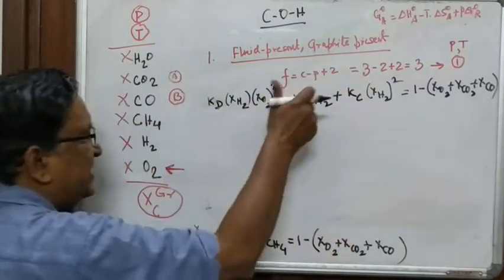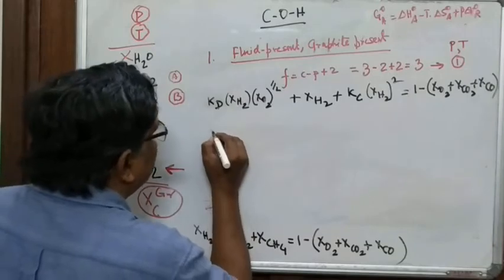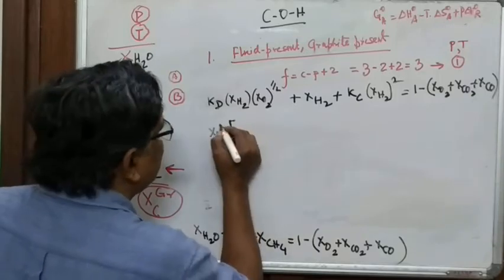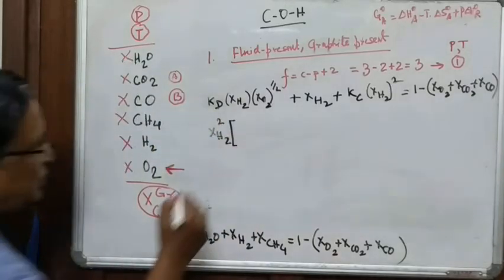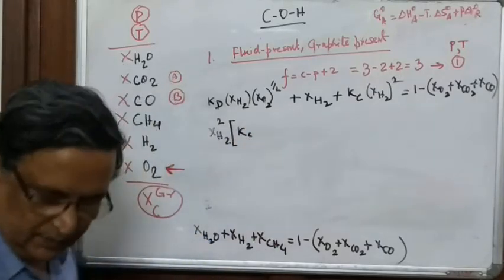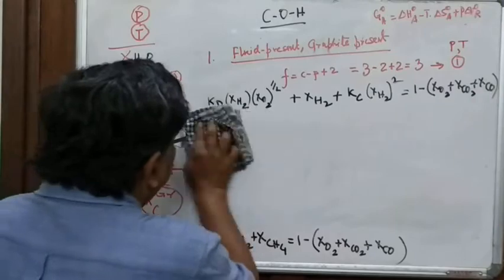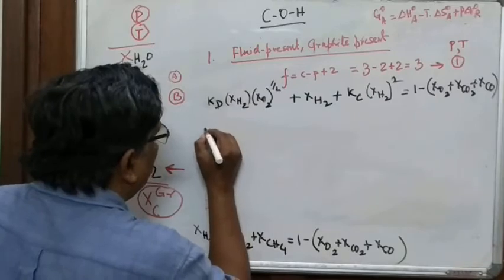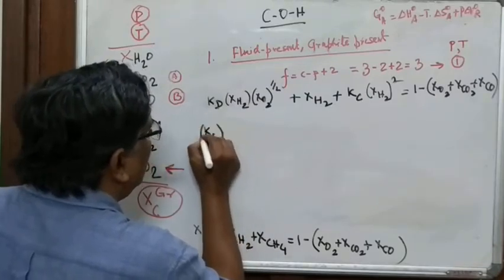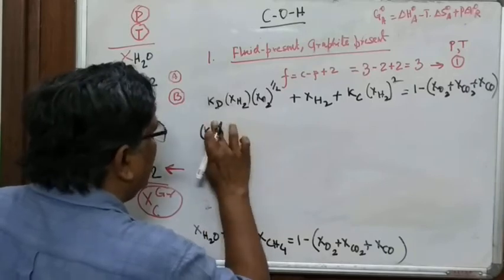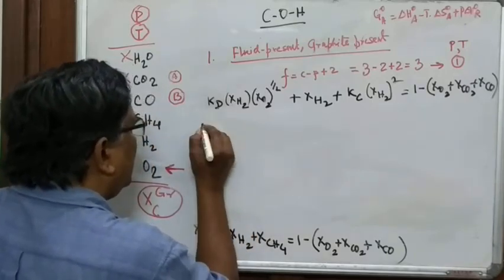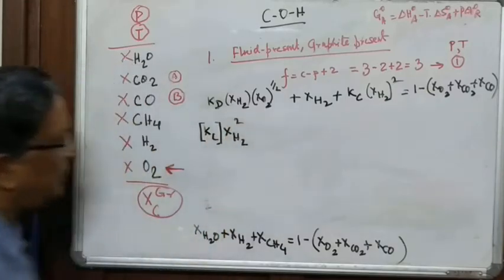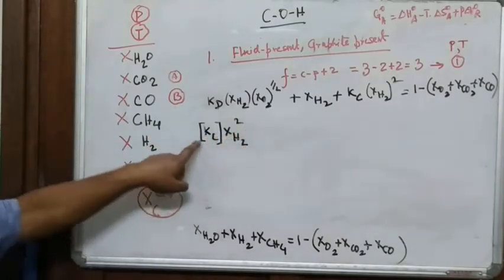So now I will rearrange these two terms. So I will write XH2 into XH2 whole square, I will write it slightly differently. So that term is here.